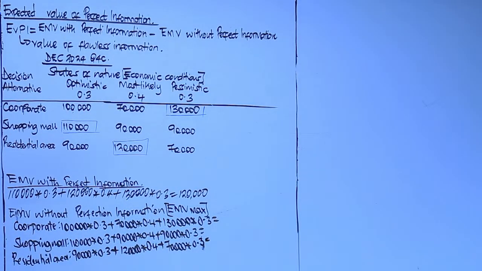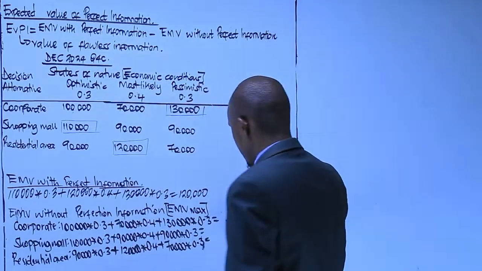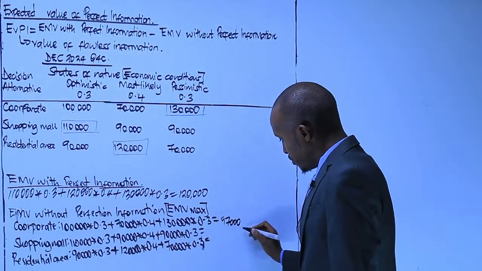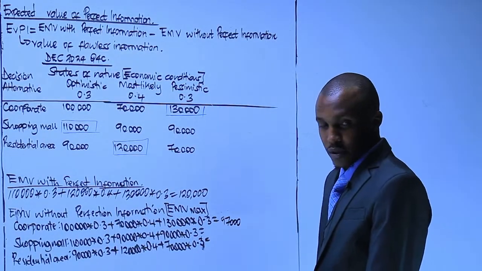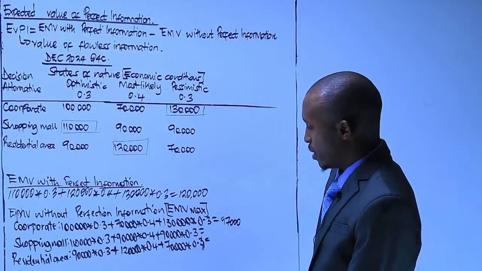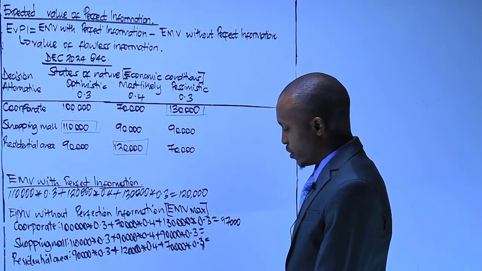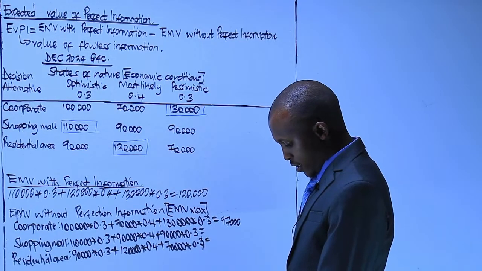100 times 0.3 plus 70 times 0.4 plus 130 times 0.3. This should be 97,000. Shopping mall, 110 times 0.3 plus 90 times 0.4 plus 90 times 0.3.